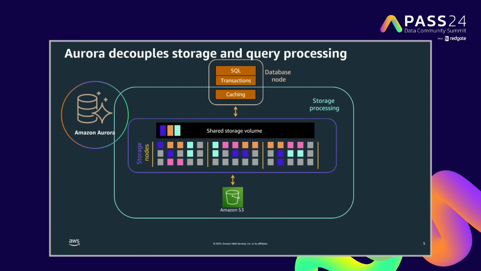And the second major advantage is, if the compute instance fails for any reason, then behind the scenes, it spins up another instance and reattaches to the same storage. So that's a major advantage of having this decoupled architecture.